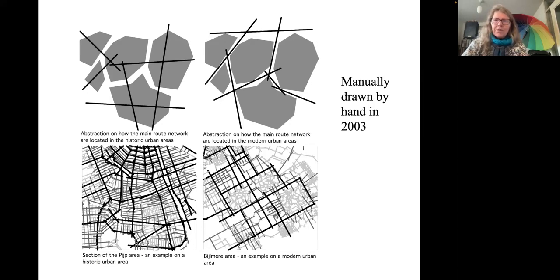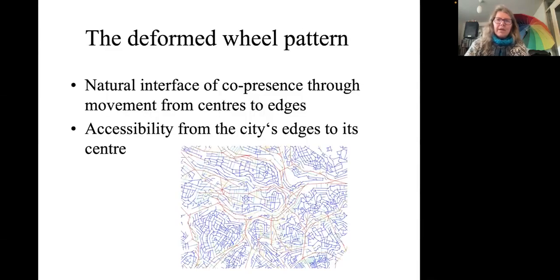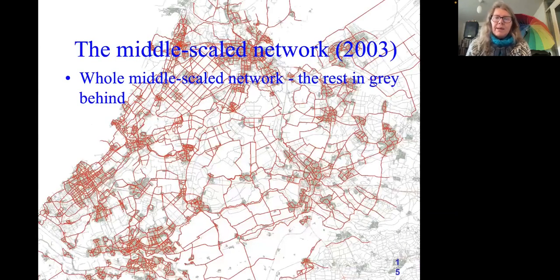I didn't want to throw it away, but until then we did this kind of drawing by hand. And you see this deformed wheel pattern that Hillier talked about. You see this kind of thing taking place in cities when we identify and try to draw it by hand. And here is a map.